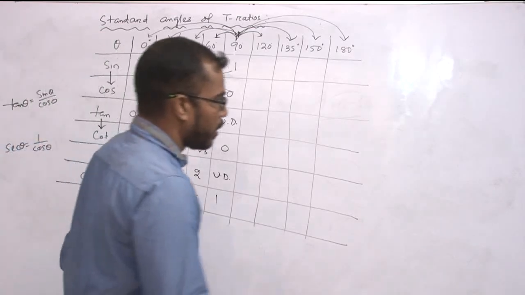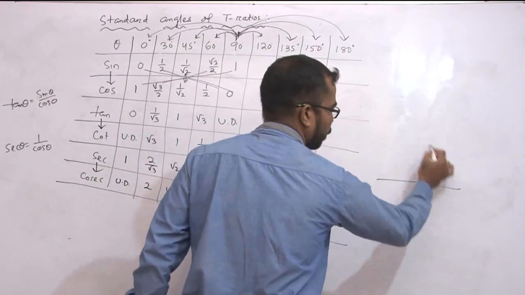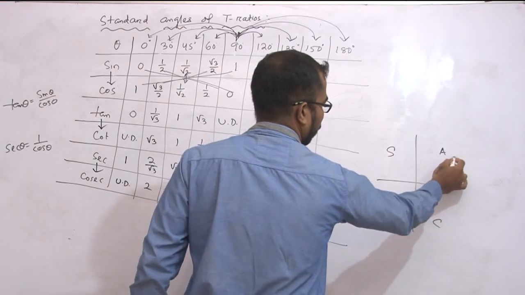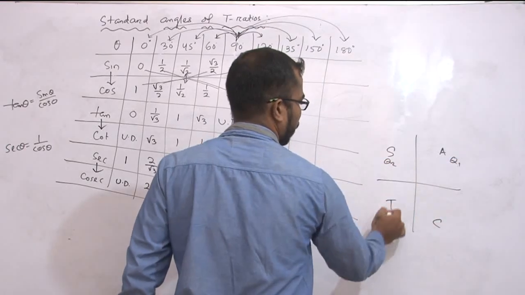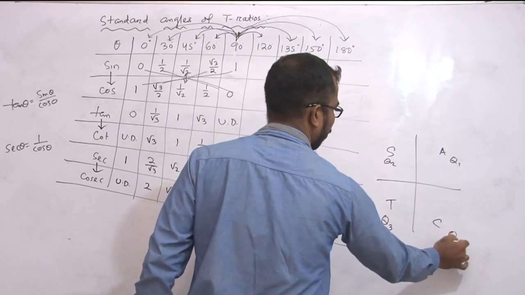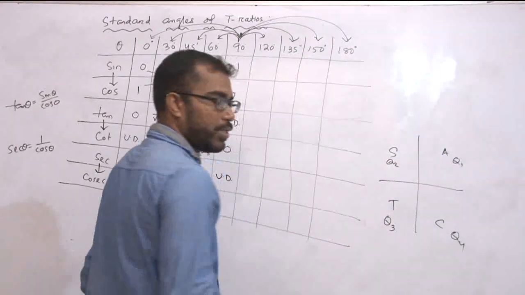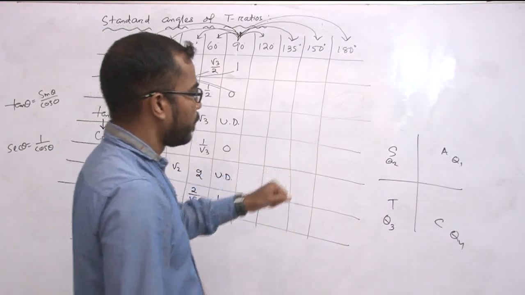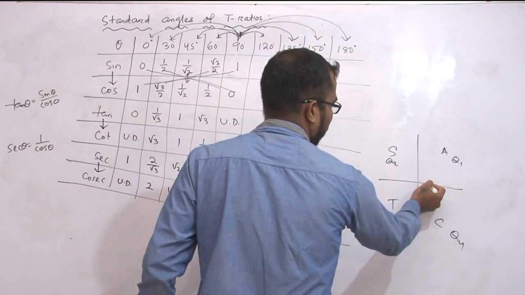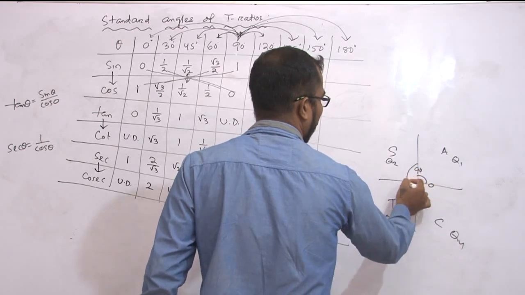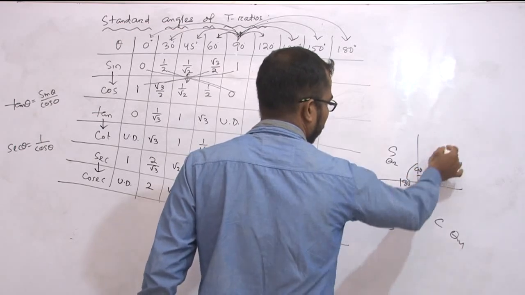As you know, according to ASTC rule, that is first quadrant, that is second quadrant, that is third quadrant, and that is fourth quadrant. In the previous class, we have discussed what is ASTC rule and what is first quadrant. First quadrant means 0 to 90 degree. Second quadrant means 90 to 180 degree.